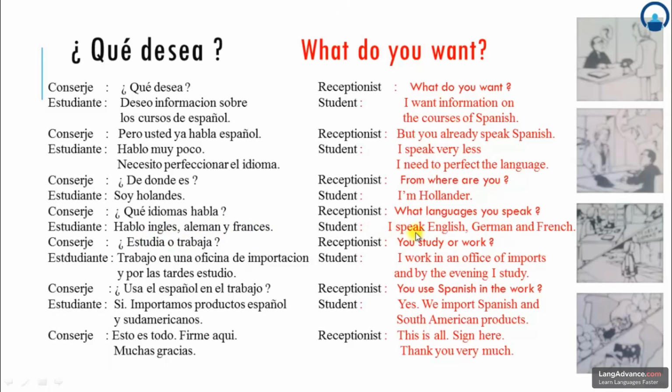I speak English, German and French. ¿Estudia o trabaja? Do you study or work? Trabajo en una oficina de importación y por las tardes estudio. That means I work in an office of imports and in the evening I study.